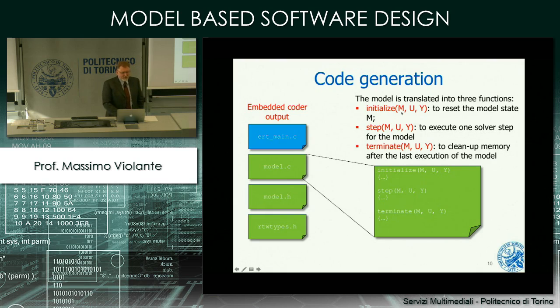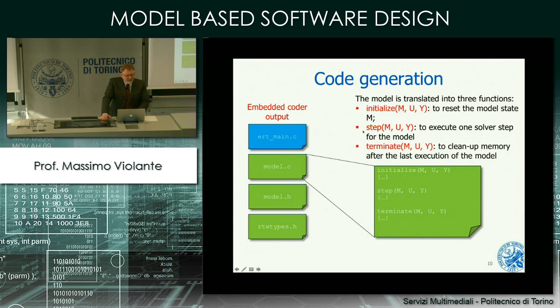Initialize gets as argument the model state, the model input, and the model output, and performs some initialization operations like resetting the model state to prepare the execution of the model. Then we have terminate. This is a function to clean up the memory after the last execution of the model.